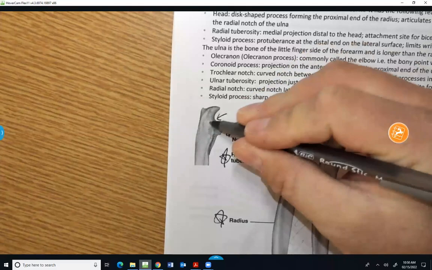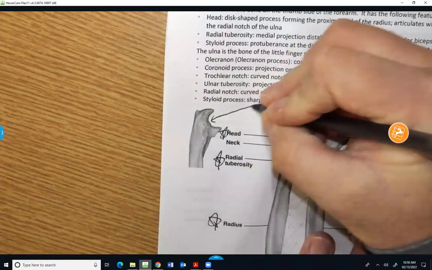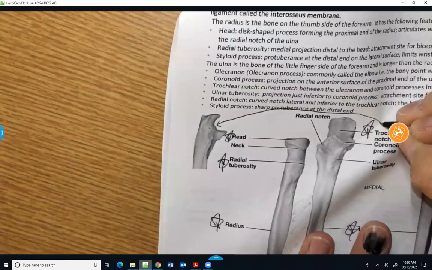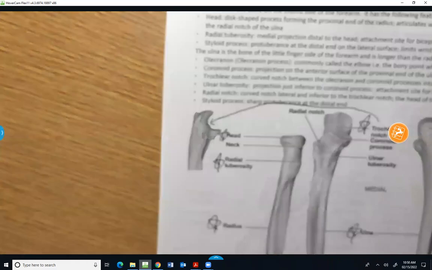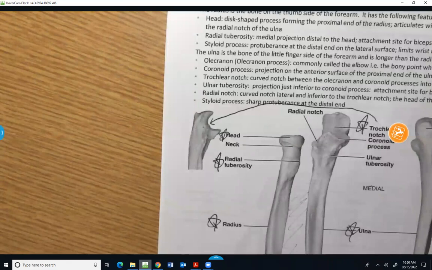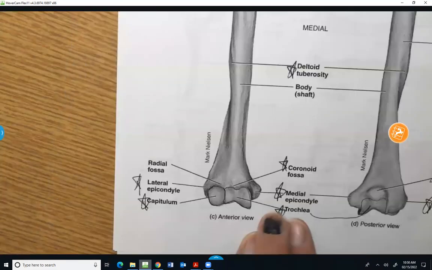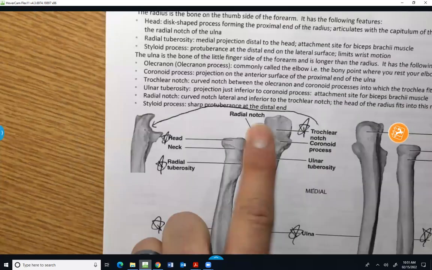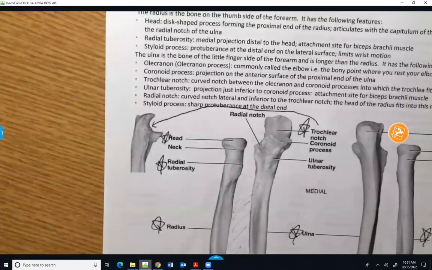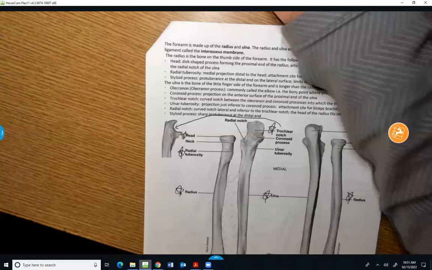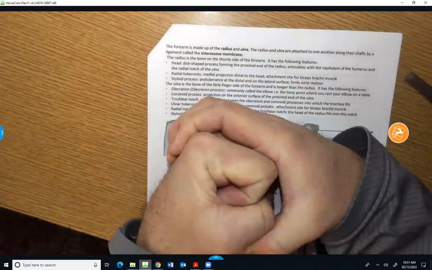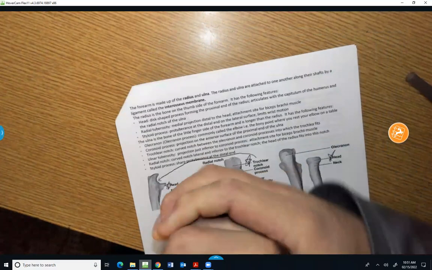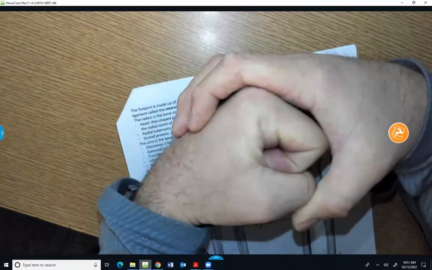I'm not going to worry about this image on the exam, but I wanted you to see what that trochlear notch looks like. If I go back to the previous page, we learned that little bow tie is called the trochlea. Guess what fits right in and around that trochlea: the trochlear notch. So this is the trochlear notch, here's the trochlea, and this is what they do.